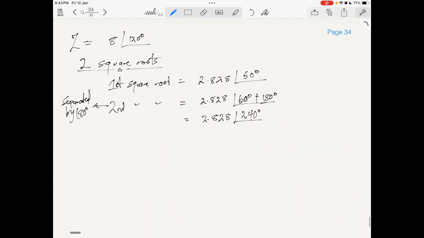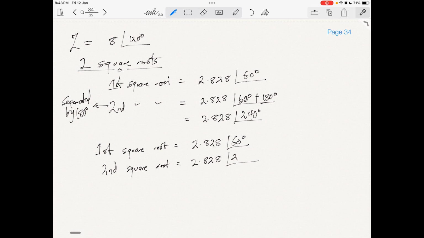So in essence, we are saying the first square root is equal to 2.828 argument 60 degrees, and the second square root is equal to 2.828 argument 240 degrees.